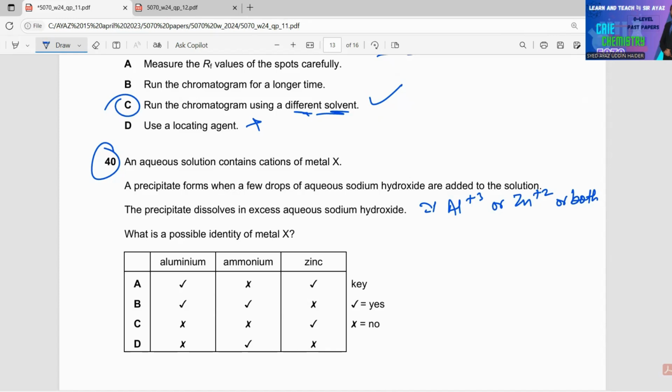Okay, what is a possible identity of metal X? No, ammonium is not a metal. So either A is correct or C is correct. Both B and D are incorrect. Now, as they are saying the precipitate dissolves in excess sodium hydroxide, we can have both of these. So A must be the right answer in this case.